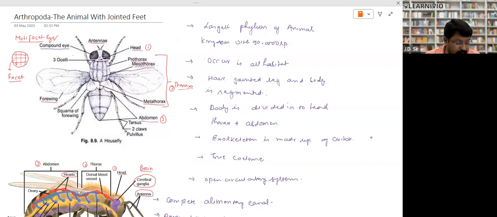Sorry, 9 lakh animals with 9 lakh species. Thus, this is the largest phylum of Animalia.